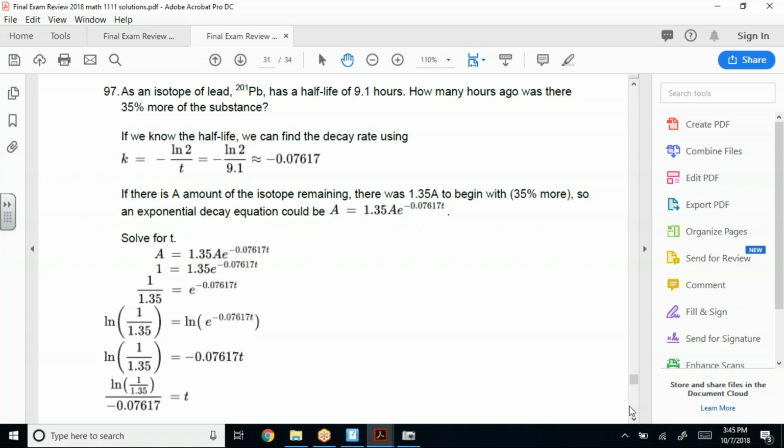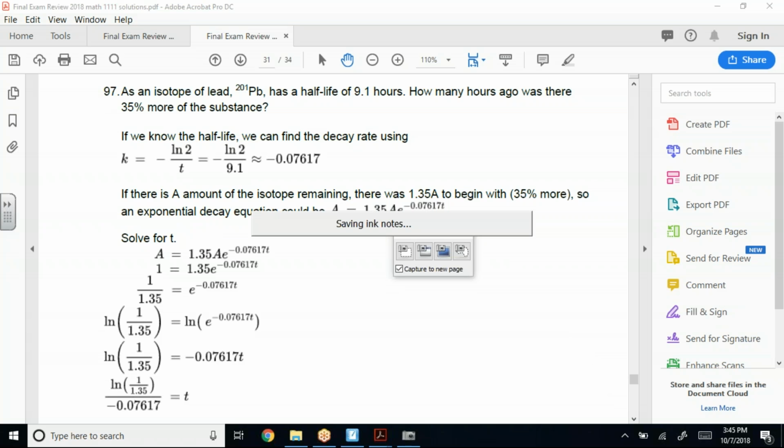Let me copy this, and then I can explain it. Look on your formula sheet. I think y'all have that.